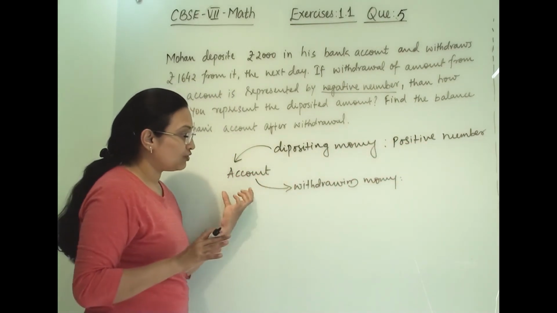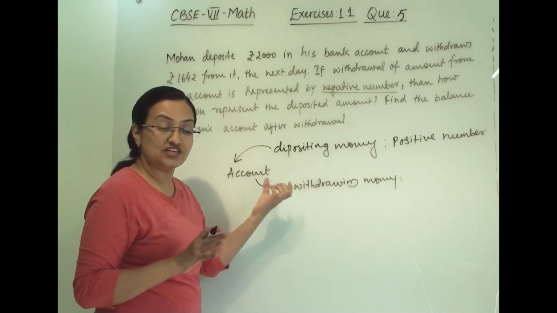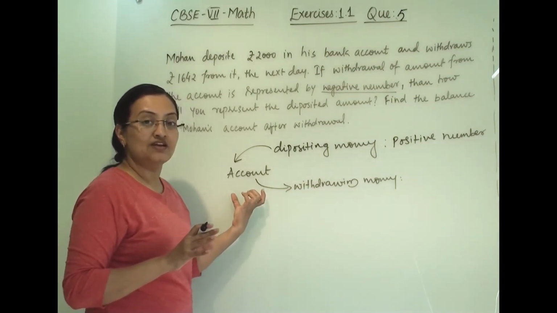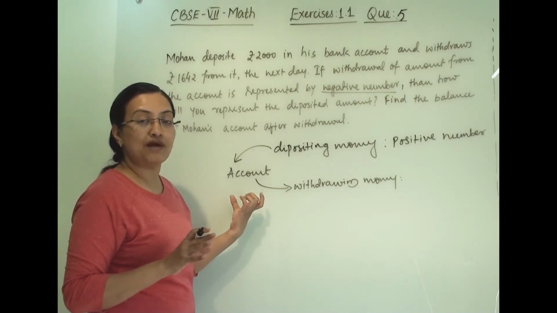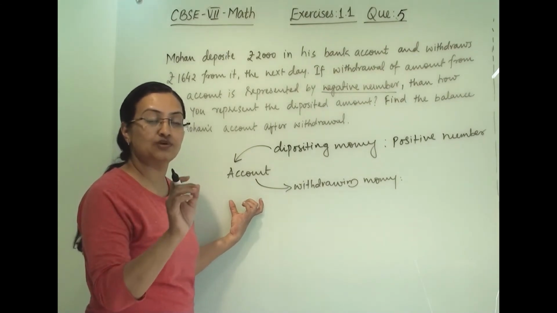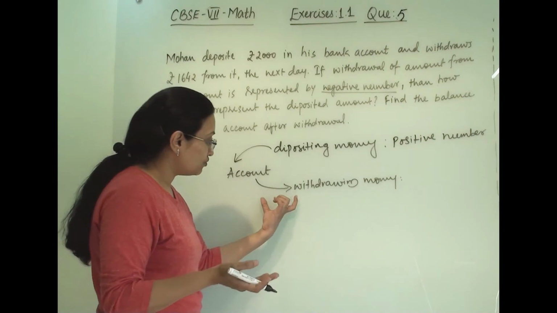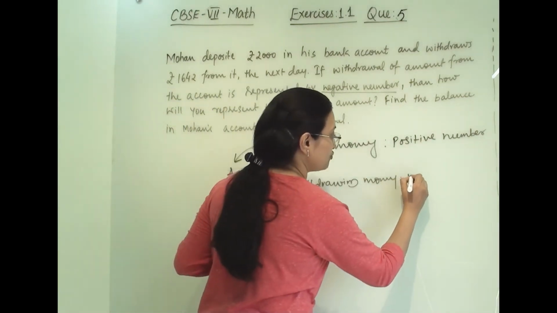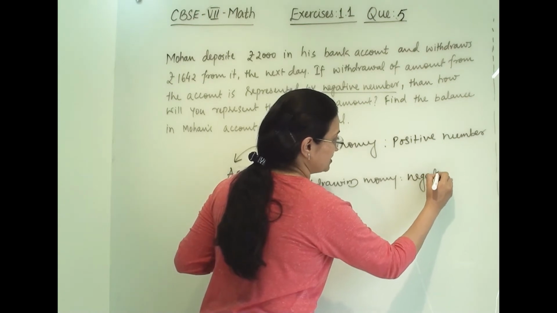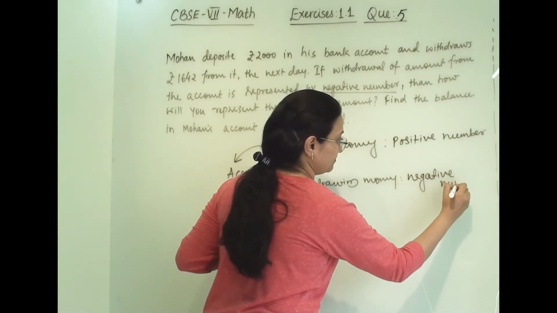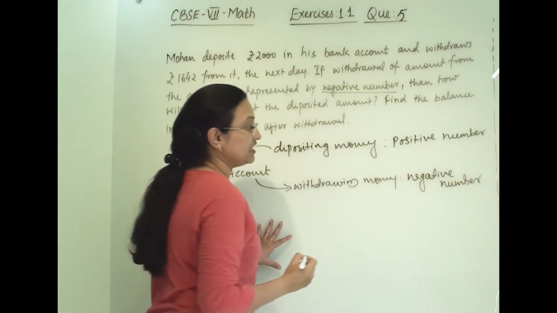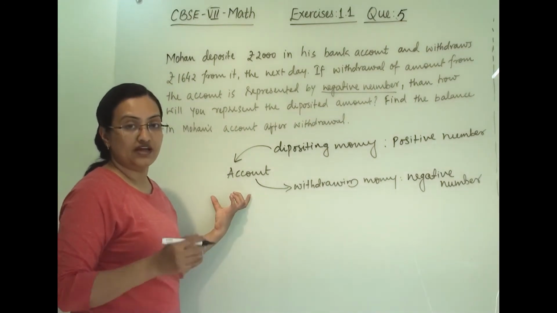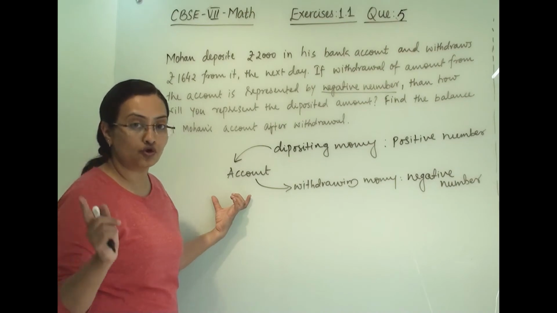Whenever you are withdrawing money from your account, it is going from your account. So in your account statement the bank will show that this much money has been deducted. So always the withdrawal amount we show with negative numbers. These numbers are with respect to the bank account, and not with respect to your pocket.